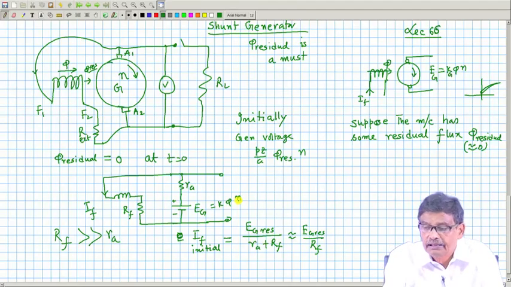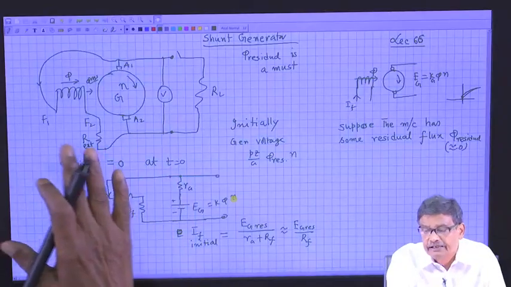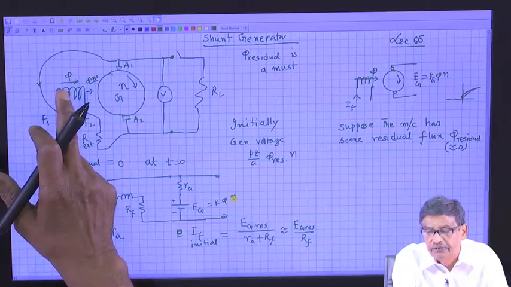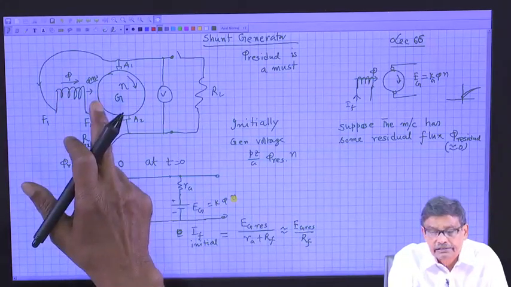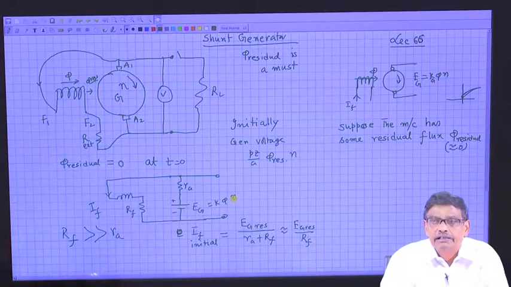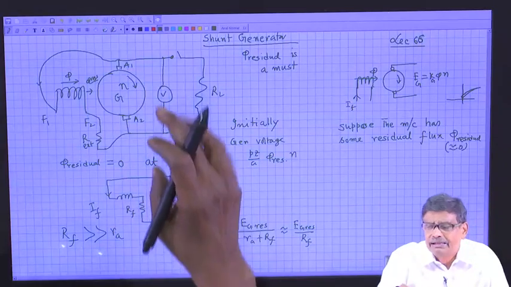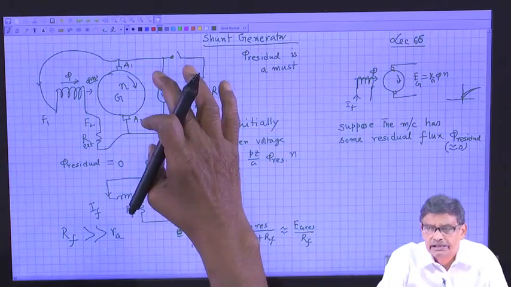For example, if I find that in this way, if you connect, this additional flux strengthens phi residual, this is called additive mode. In this correct mode, if you connect, you may get some substantially large voltage generated.